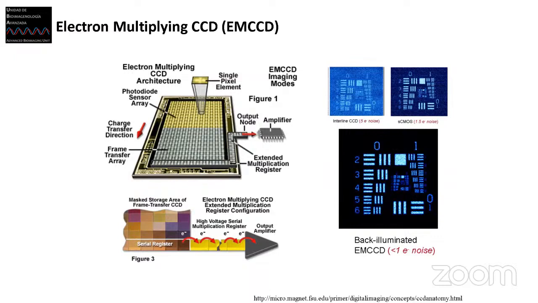And most of the EMCCDs rely on a CCD architecture, so it's the same as a CCD. But after that, they have an amplifier. And in this amplifier, they can manage to improve the signal to noise in order to have better images. And this is the same comparison as before, but now we can see it in comparison with the back illuminated EMCCD, and you see that the signal to noise improves way better than the others.